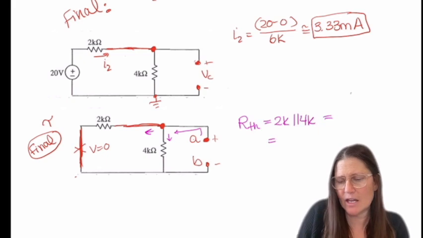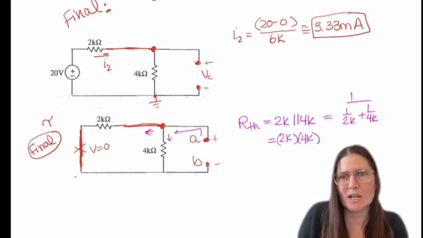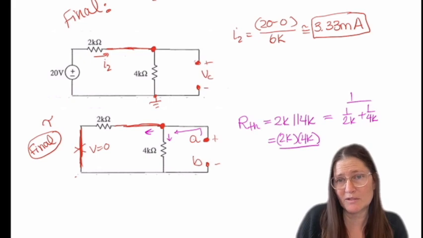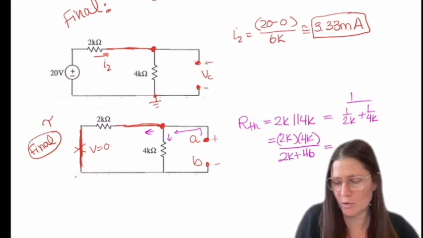I can write that as 1 over 2K plus 1 over 4K, or it's the same as 2K times 4K over 2K plus 4K. Reducing that down becomes 4/3 K.